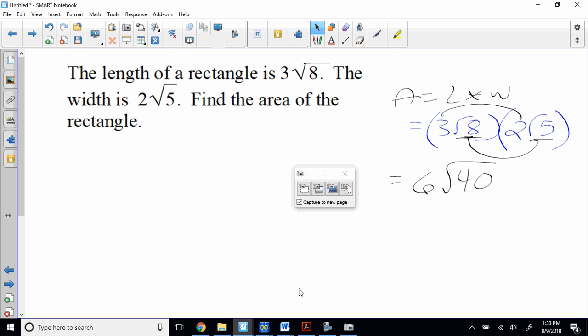What's wrong? Is that not number 13? That's not what you done? What did you do?